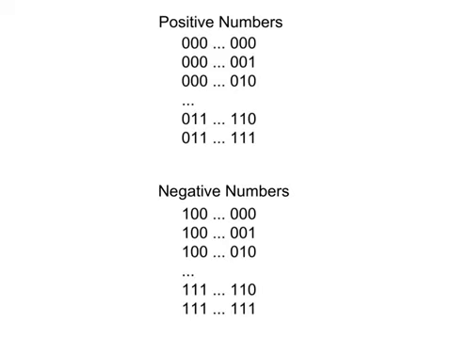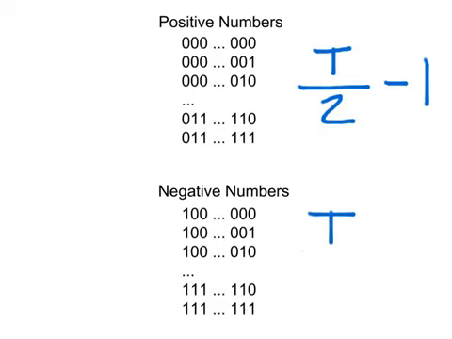Now, another way of saying 1/2 of t is just to say t divided by 2. Except in the case of positive numbers, we're going to subtract 1 because we have the value 0 to consider. So the total number of positive numbers you can have is going to be t divided by 2 minus 1. Whereas the total number of negative numbers that you can have is going to be t divided by 2.